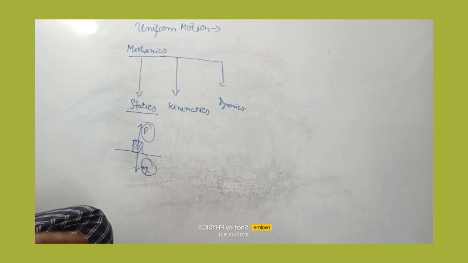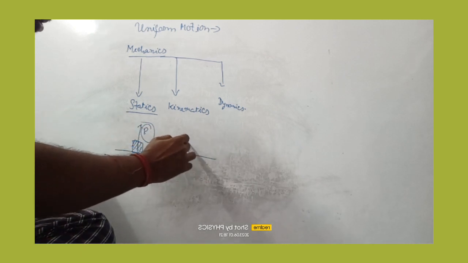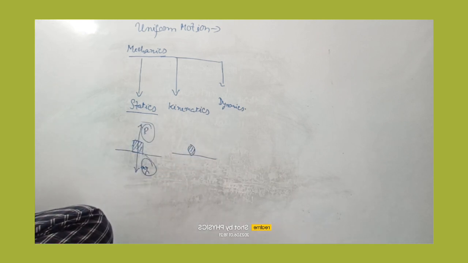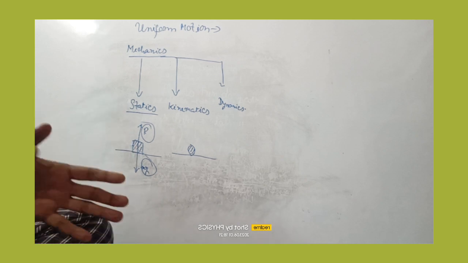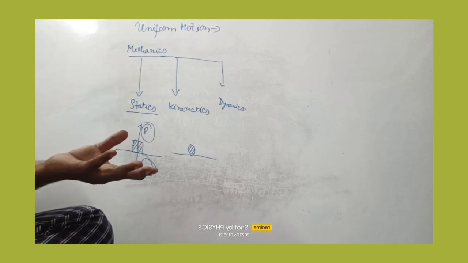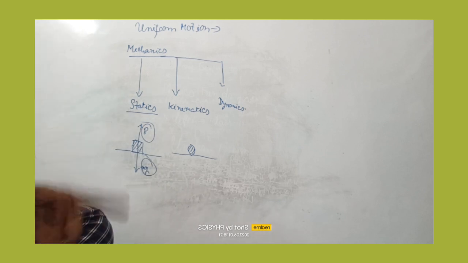Now, what is kinematics? An object is moving. We study the motion of the object, but not the reason why the body is moving. It's called kinematics. And dynamics is slightly different from kinematics, where we discuss the motion of the object and also the reason for which it is moving.